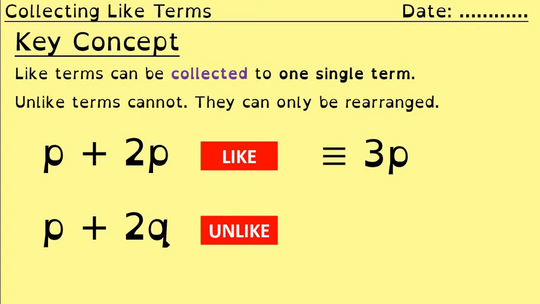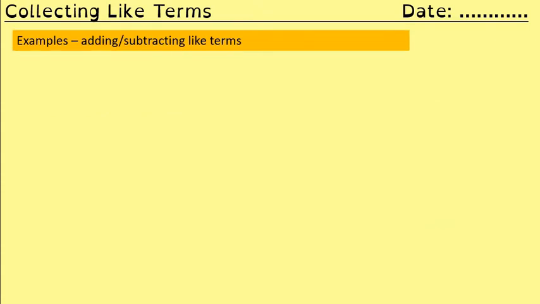They can only be rearranged, and we did rearranging with our bubbles before. We had positive p and positive 2q, and we could switch those two bubbles around to get a different expression, but they cannot be collected up, okay? So we'll do some more examples which you should copy into your book as well.